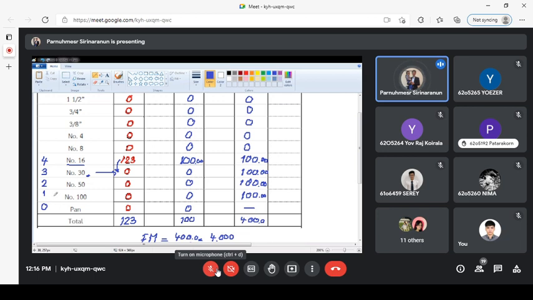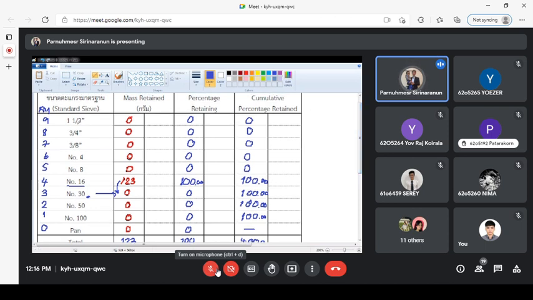Then when you compute for every sieve, you get the fineness modulus looking like this. On the pan, you get 0. On these sieves, you get number 5, 6, 7, 8, and 9, because your last sieve is the 1 and a half inch sieve. Okay, 1 and a half inch is a lot for concrete.